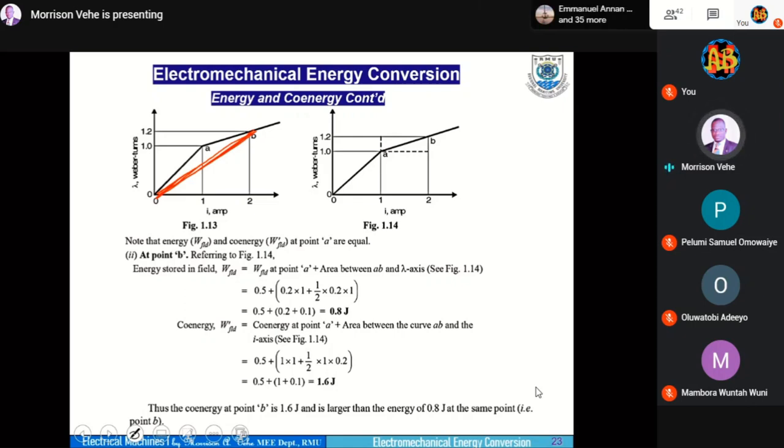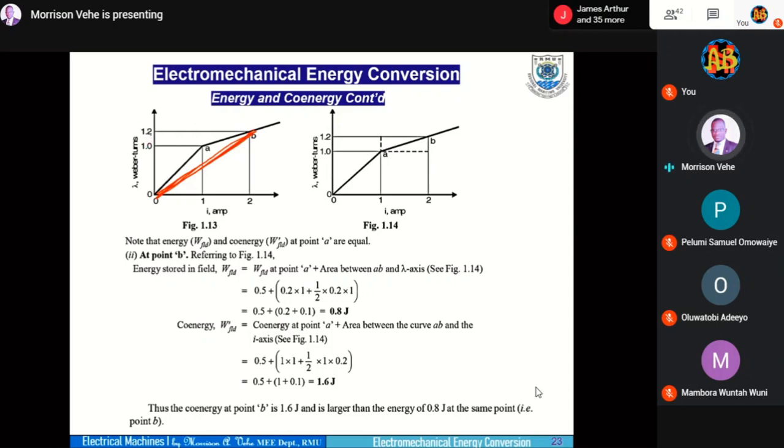So there are certain things that come into play: if you have to talk about O to B, then you must factor in what is happening at OA, the area here, and then add what is also happening at AB, the area, taking into consideration this change from 1 to 1.2.